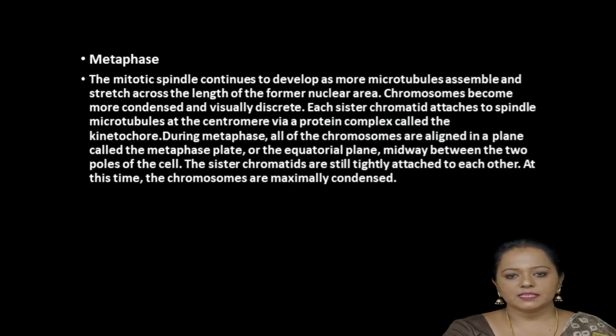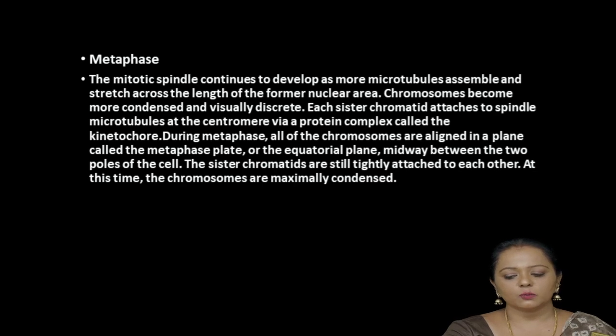The next phase is the metaphase. During the metaphase, the very important process, the mitotic spindle, occurs, and more importantly, the mitotic spindle occupies the poles of the cell. The chromosomes should be attached to the mitotic spindle, and the chromosomes become more condensed and visually discrete.